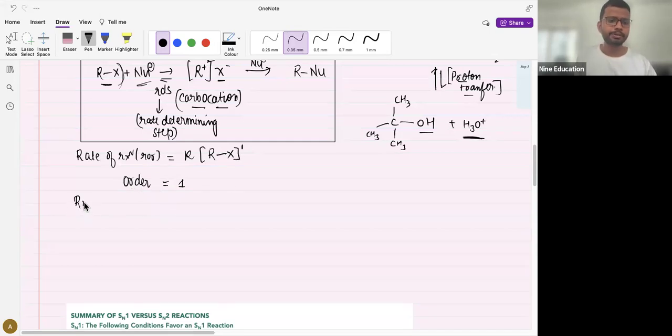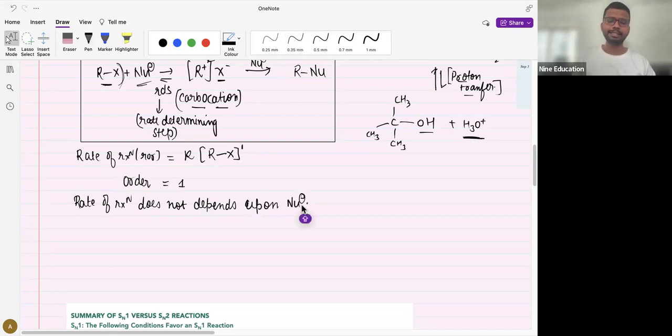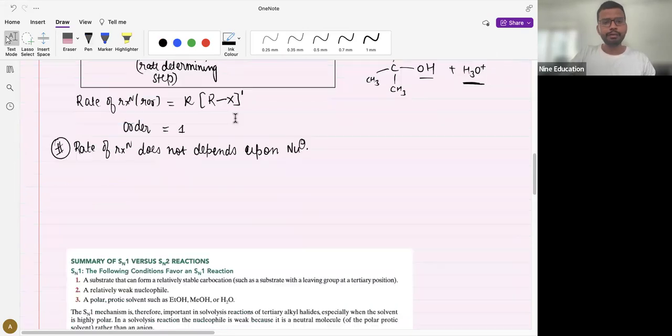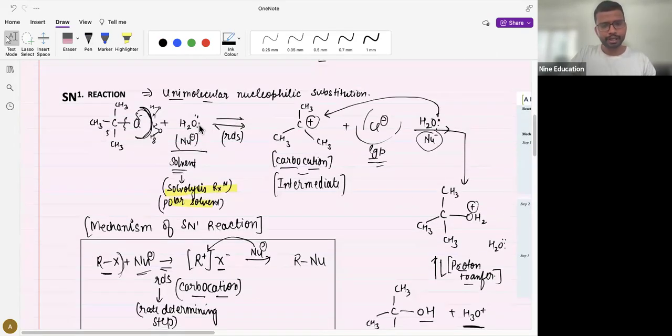So here you can write in SN1 reaction, rate of the reaction does not depend upon nucleophile strength or their concentration. It does not depend upon anything, है ना? So nucleophile अगर मैं ज्यादा लूं कम लूं, if I take water less, more solvent, जितना मर्जी ले, the rate of the reaction will be same.